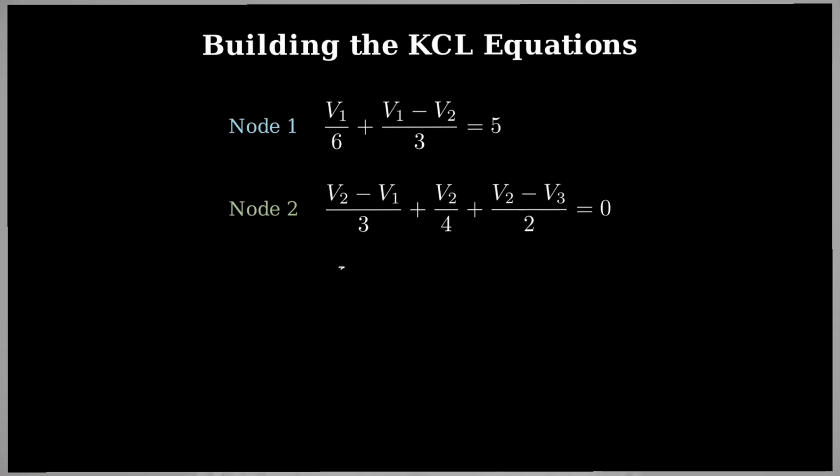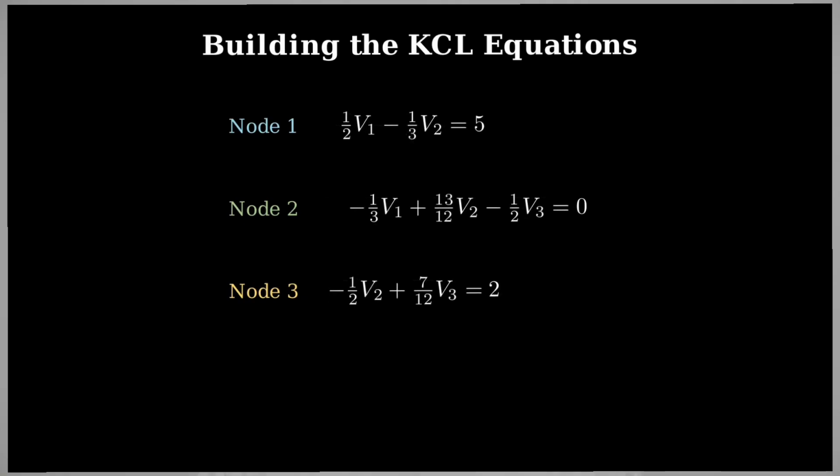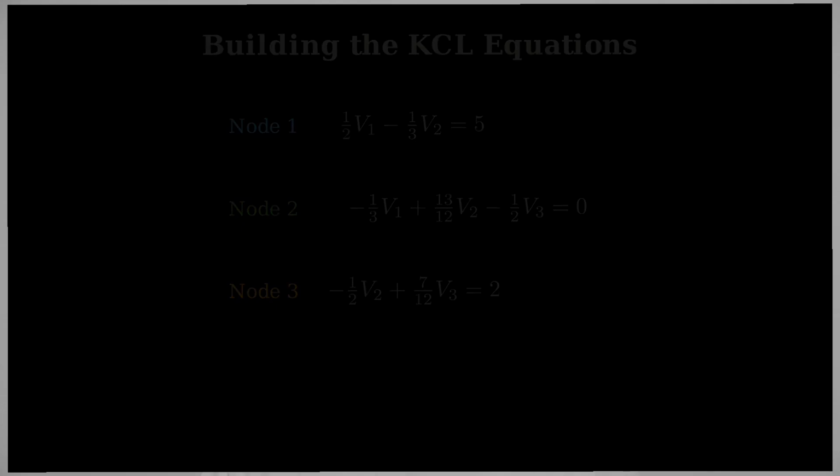At node 3, the 2 mA current flows through the 12,000 ohm resistor and the 2,000 ohm resistor: V3/12 + (V3 - V2)/2 = 2. After simplifying these 3 equations, we can obtain the following linear system. Now the circuit has become 3 linear equations with 3 unknowns.